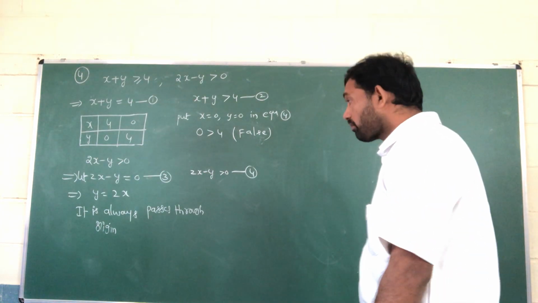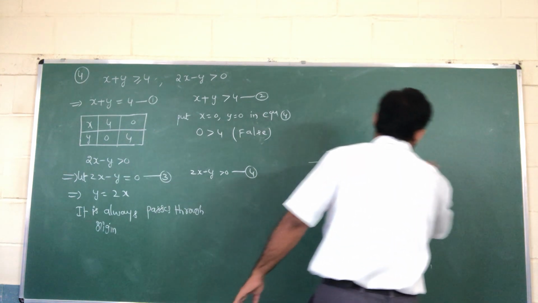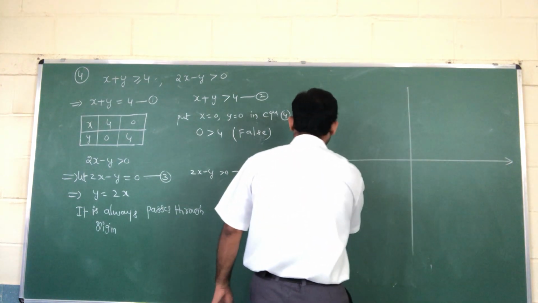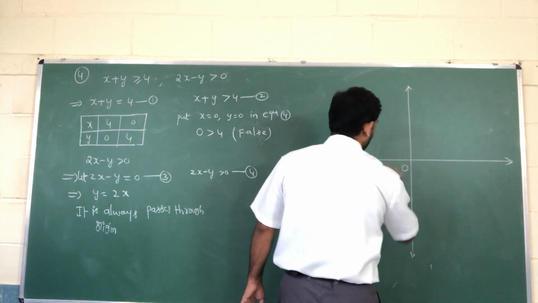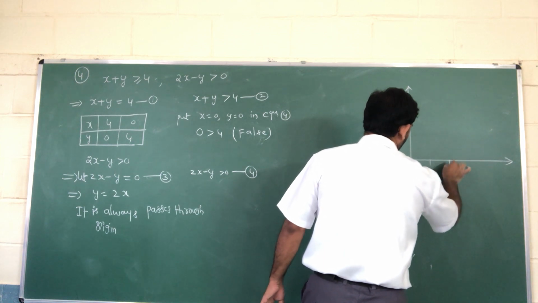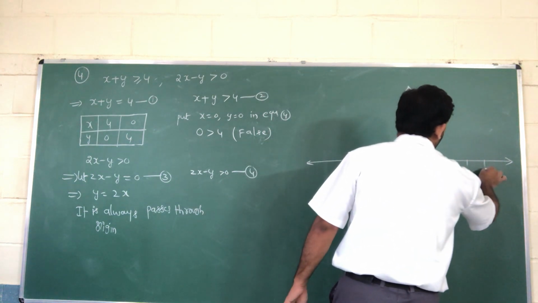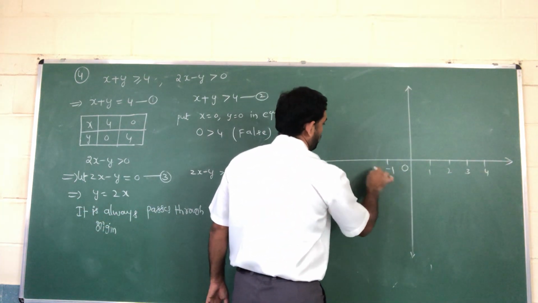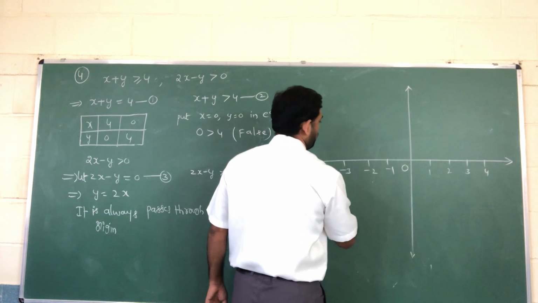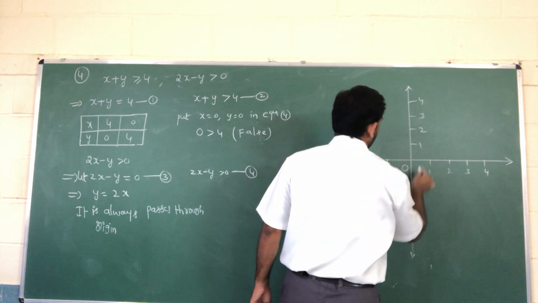Listen now. Now take the graph. x equal to 1, 2, 3. So the maximum x value is 4. Minus 1, minus 2, minus 3, and 1, 2, 3, 4.